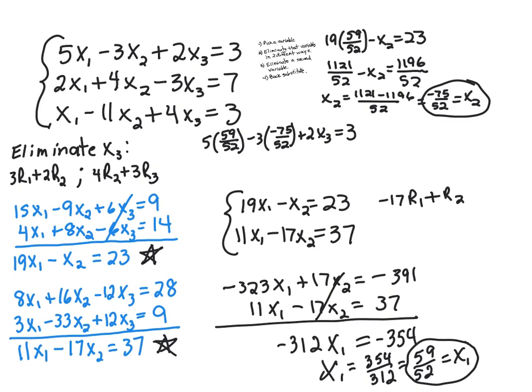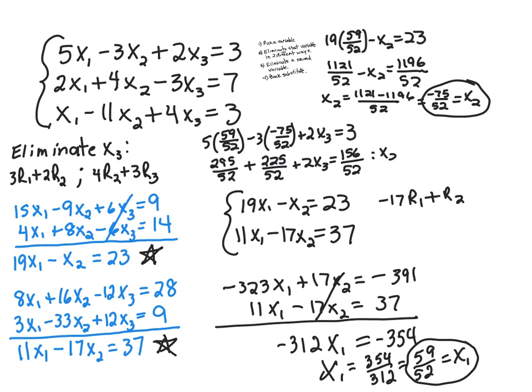So here we go. 59 times 5 gives me 295 over 52. And then minus times a minus is a plus. 3 times 75, I should be able to do that in my head, but you don't want me to. Believe me, I make enough mistakes with the calculator. Plus that equals, I want to get this over 52, and 3 times 52 is 156.